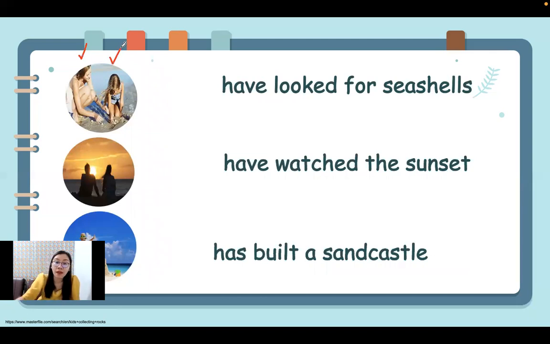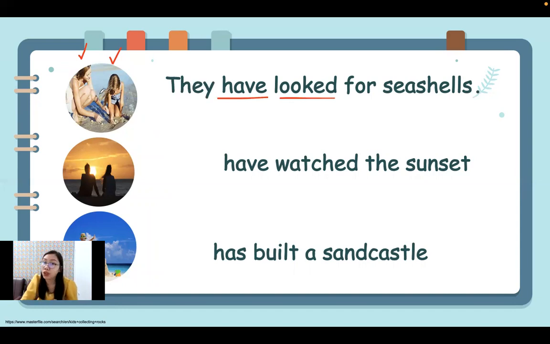So we can say they have looked for seashells. This is have and then looked, the past participle. They have looked for seashells.